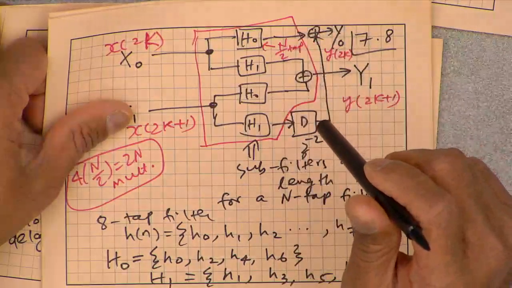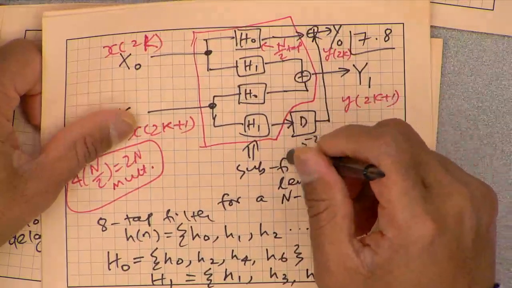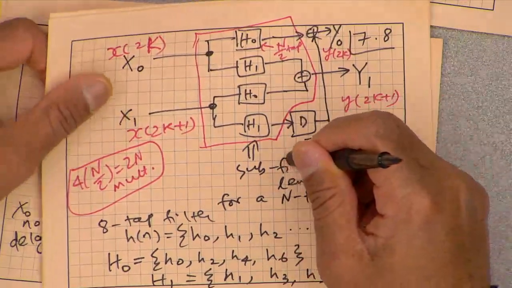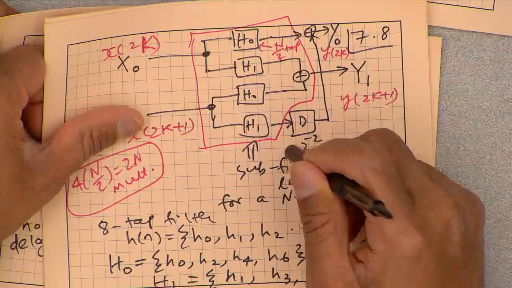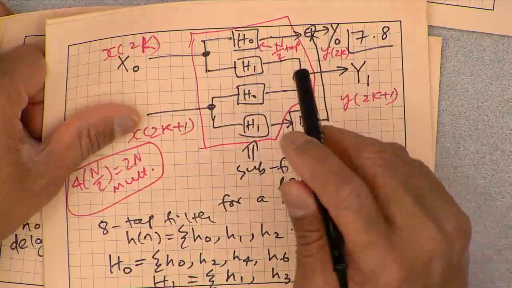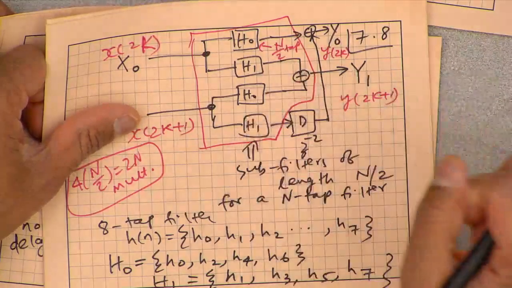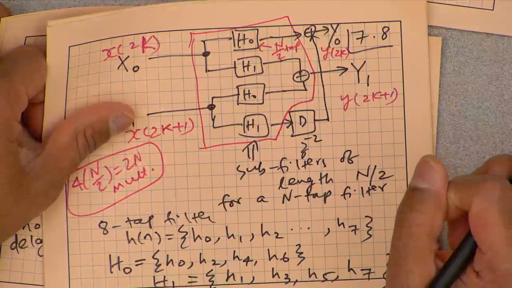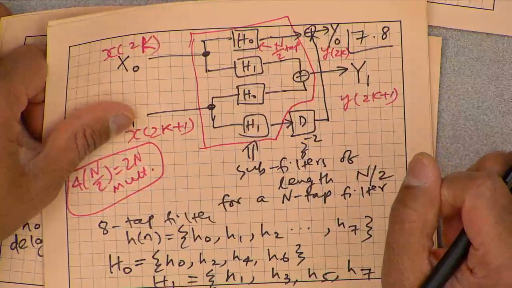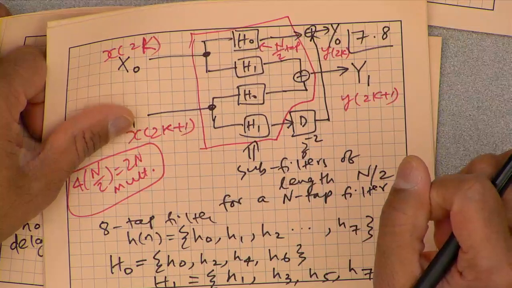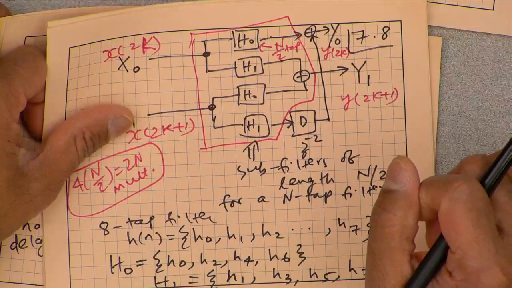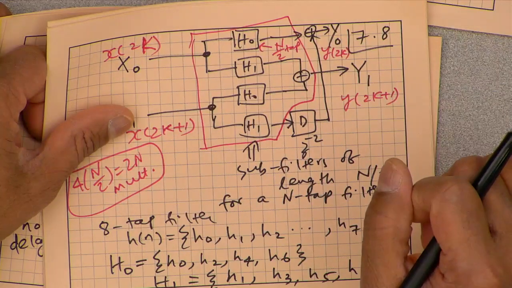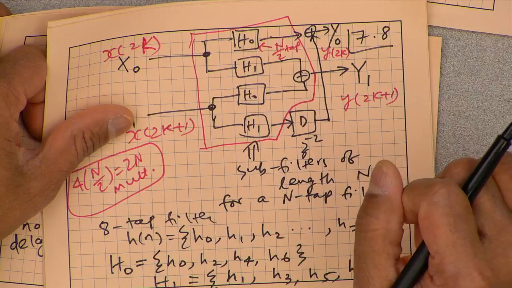Now, I have been talking about how to take fast convolution and transpose that. One other interesting thing to observe is that you don't really have to transpose the fast convolution algorithm. The fast convolution algorithm itself can be a basis for a parallel filter. How?